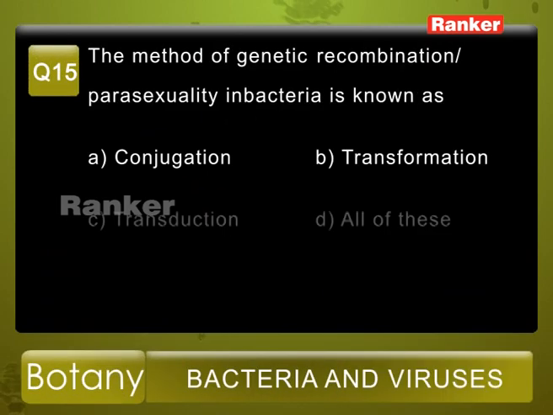Question number 15. The method of genetic recombination or parasexuality in bacteria is known as. Given options are A. conjugation, B. transformation, C. transduction, and D. all of these.